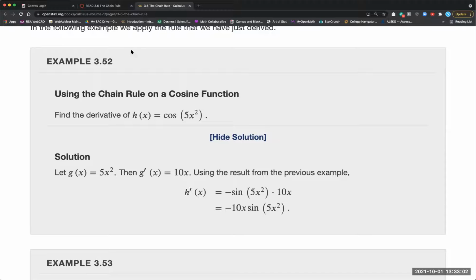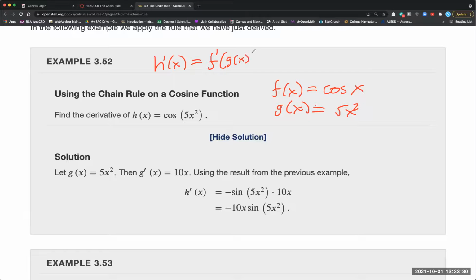So again, looking at a quick annotation just to explain the formulas here, right? In this case, I have your f of x equals cosine x, g of x equals 5x squared. The derivative, right? h prime of x would be equal to f prime of g of x times g prime of x.